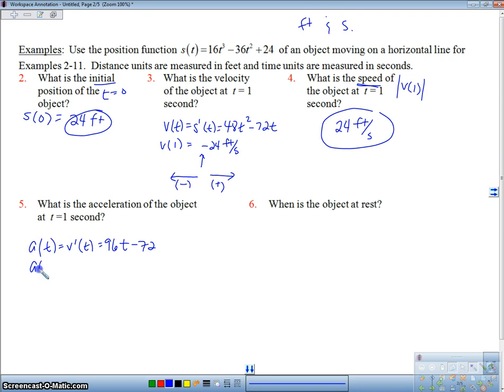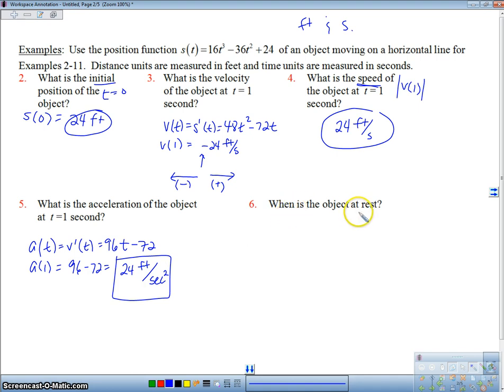So we're going to find a sub 1 because we want it at 1 second. So 96 minus 72, which gives us 24 feet per second squared. Whoa, that's interesting. It's the same as that. That's just coincidence. All right, so that's the acceleration.